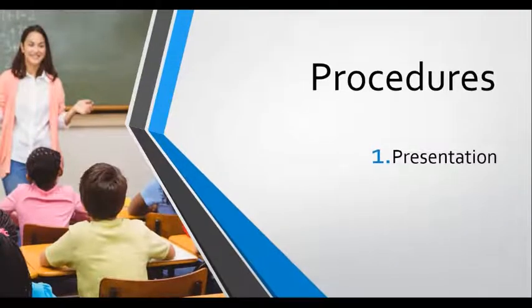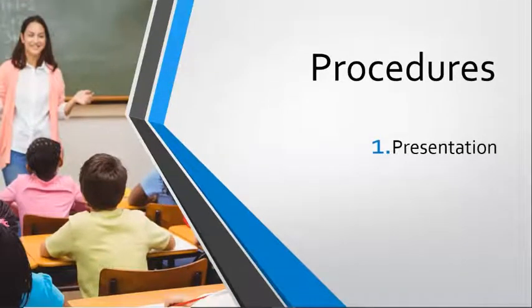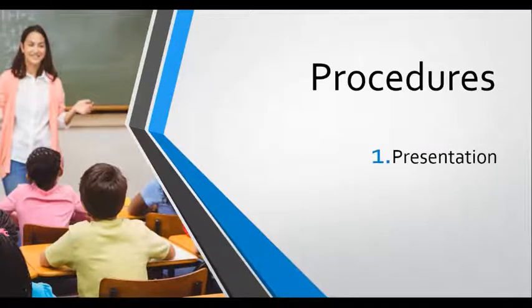What the teachers have to do in a presentation, well, in this procedure, a teacher presents a situation to contextualize what is going to be taught. Then the students will practice repeating the sentences and phrases.